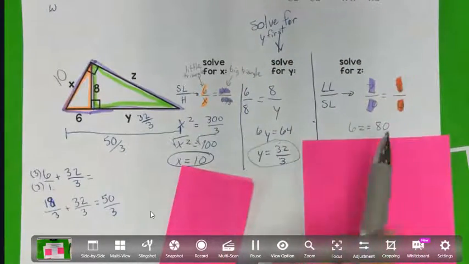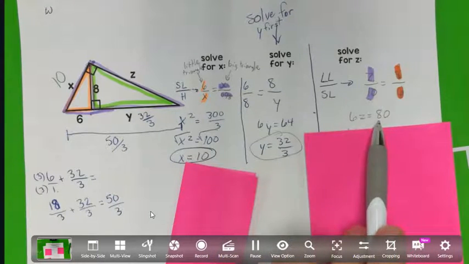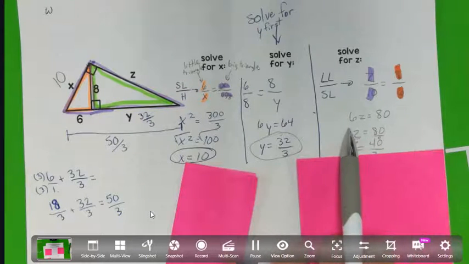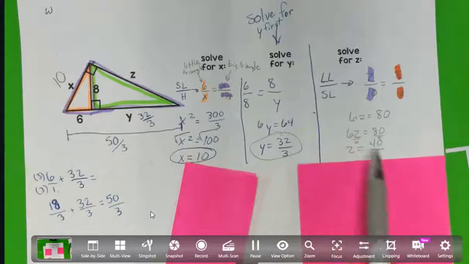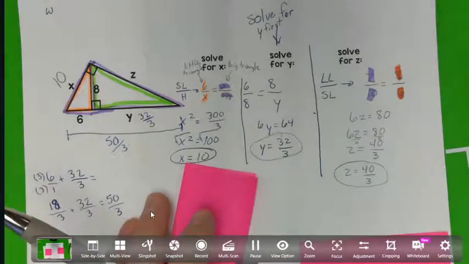My short legs, I've got them both on the bottom. We want to cross multiply, so 6z equals 8 times 10, which is 80. And then we divide by 6 on both sides. 80 divided by 6. We can divide both of those by 2. We end up with 40 over 3. And that'll be our final answer.